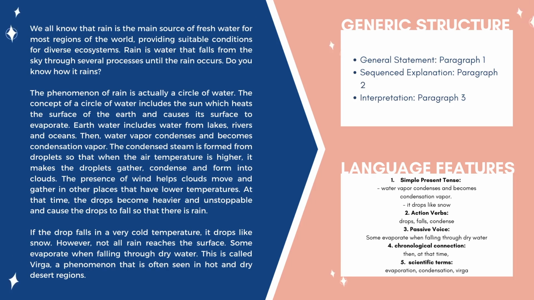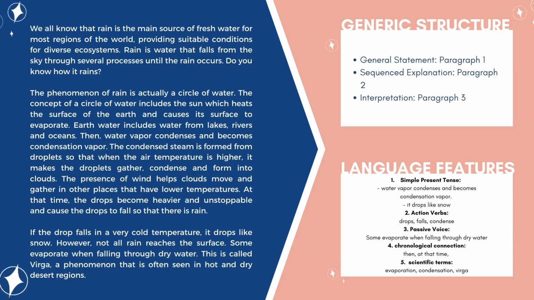Other than that, we can conclude that there are several language features that are used in this text. 1. Simple present tense. We can see that most of the sentences are used in simple present tense. Some examples are water vapor condenses and becomes condensation vapor, and it drops like snow. 2. Action verbs.